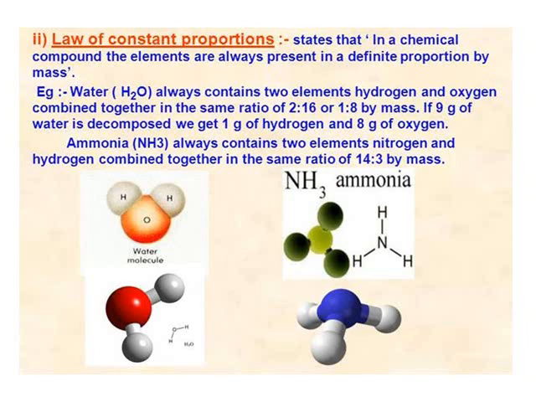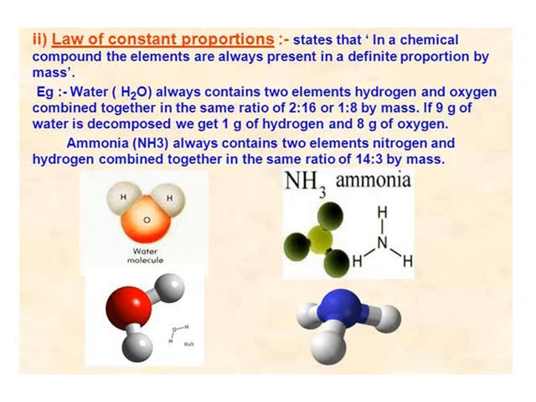So if 9 grams of water is decomposed, we get 1 gram of hydrogen and 8 grams of oxygen. That is the reverse of this. So that's what the statement says. In a chemical compound, that means in water, the elements, hydrogen and oxygen, are always present in the definite proportion, that is 1:8.